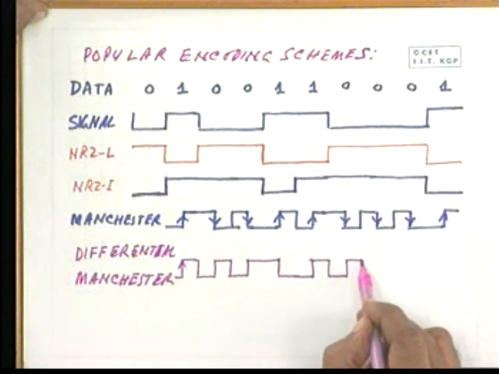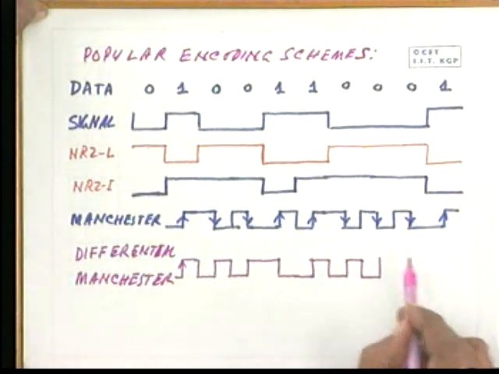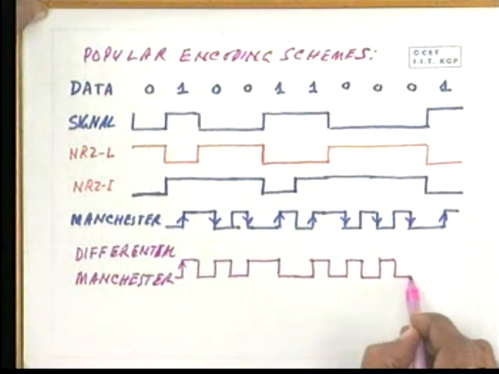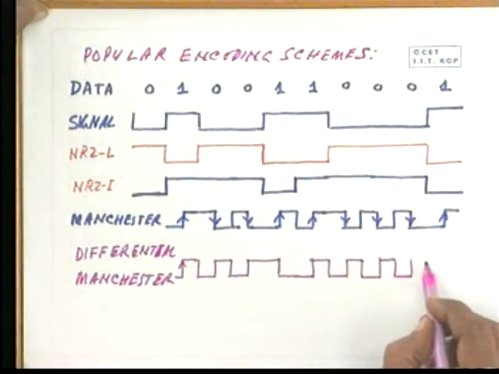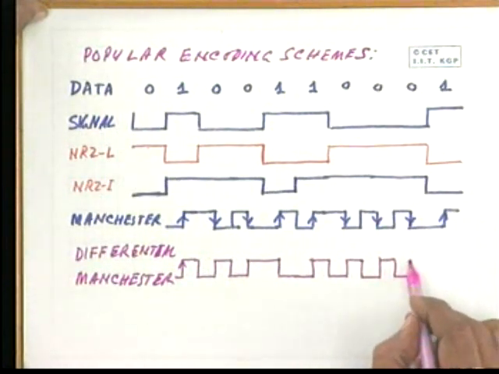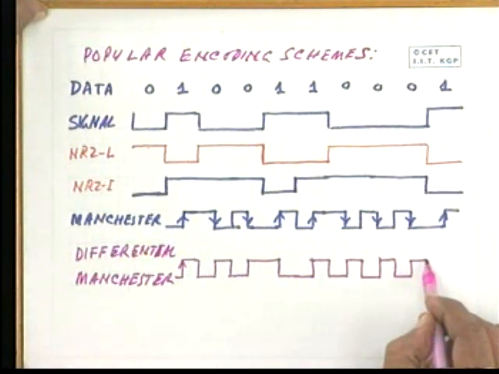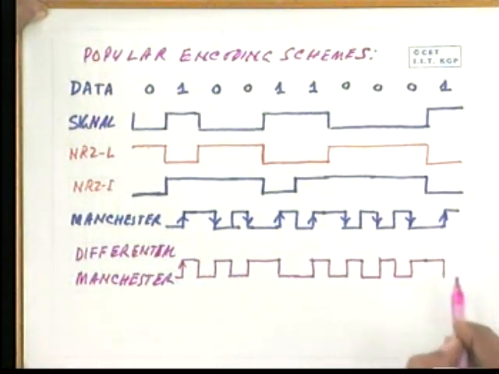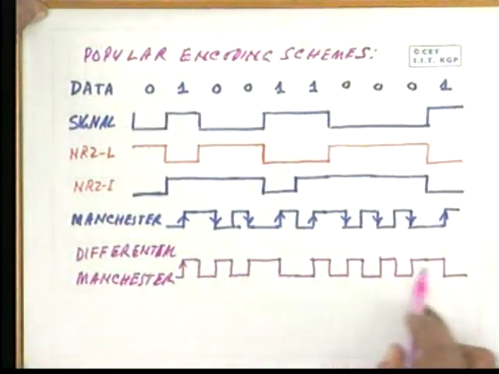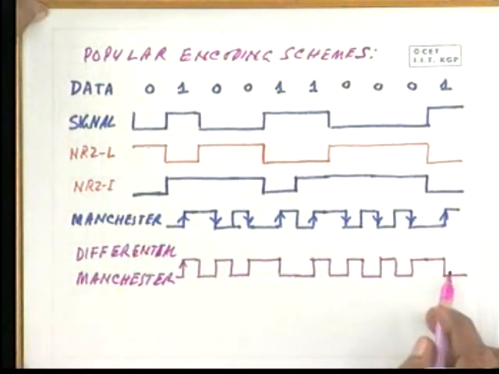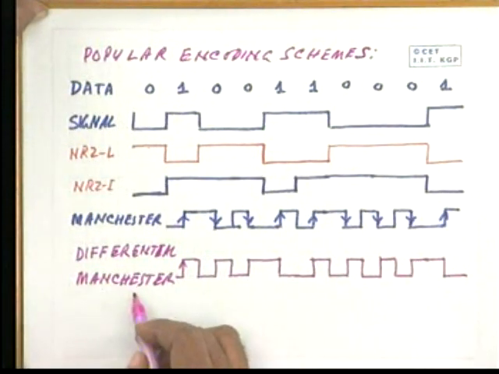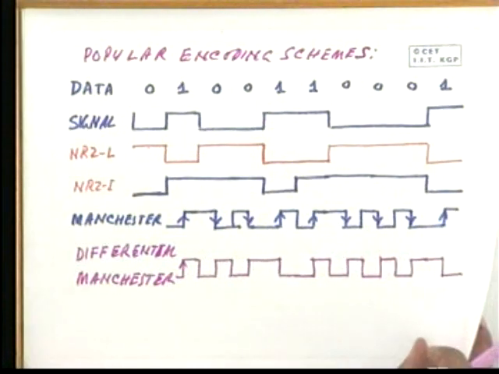For the next 0 again transition in the beginning and in the middle, and for the next one there will be no transition here, and for the 1 the transition is in the middle. So this is how the signal looks using differential Manchester encoding.